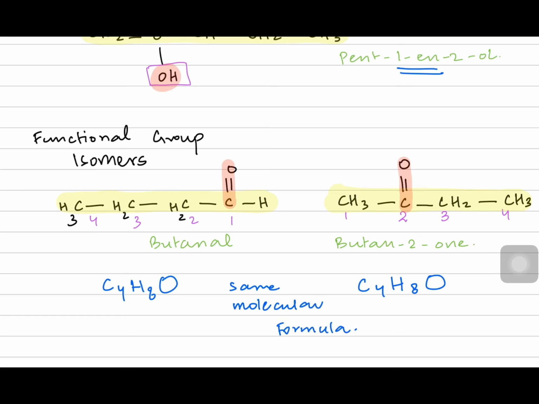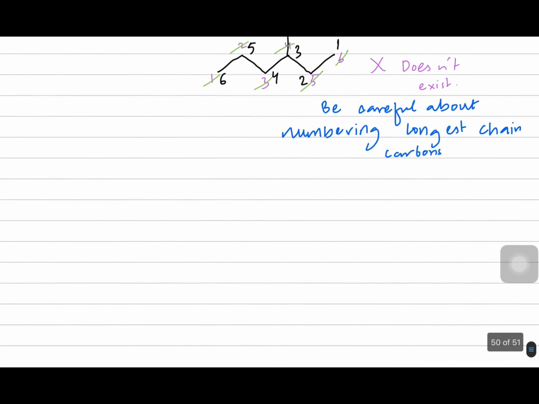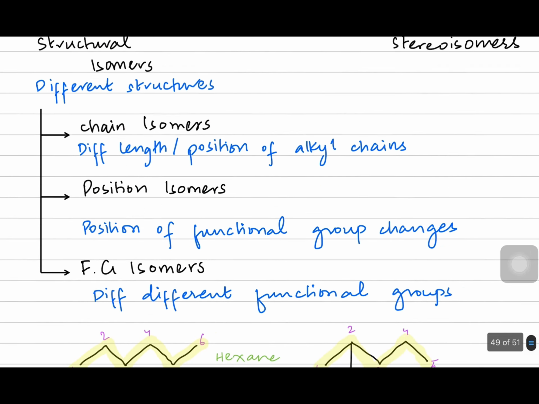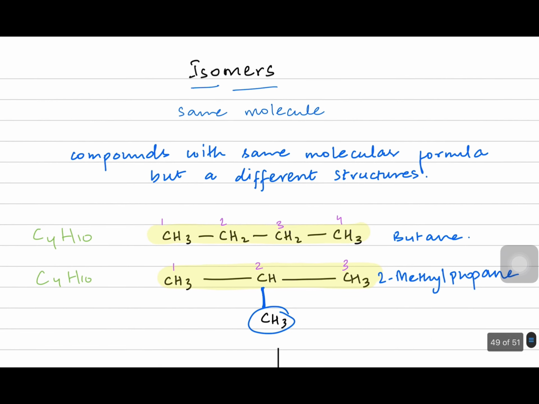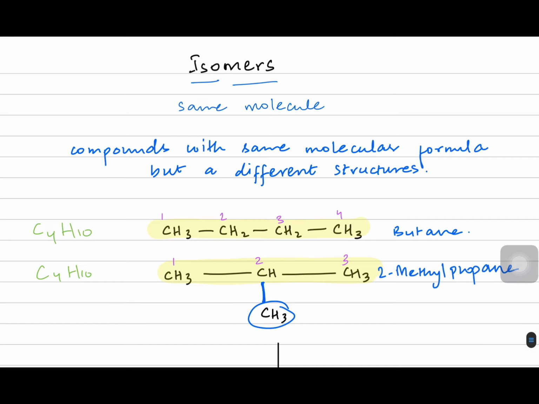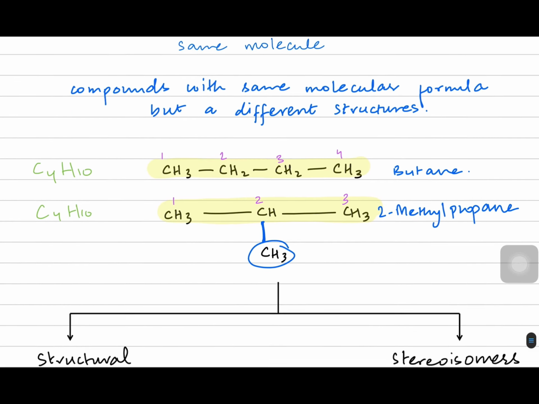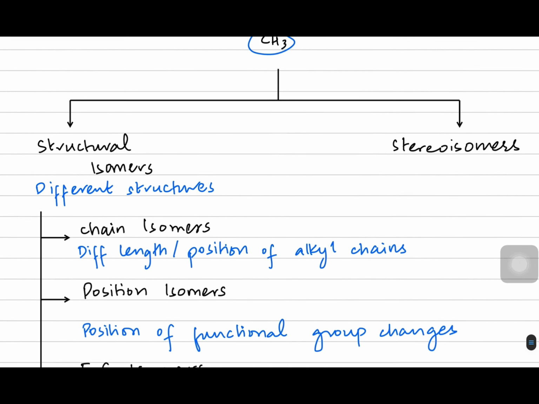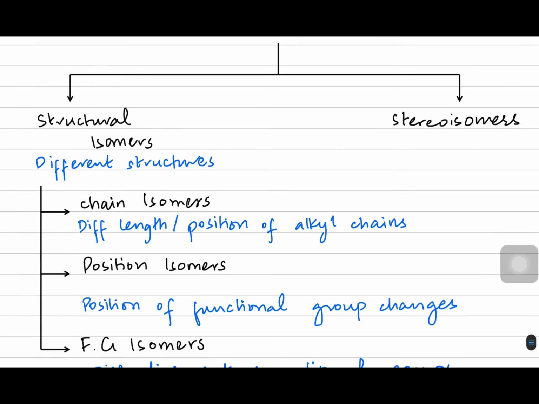So they have the same molecular formula. In functional group isomers, the functional groups are different. In today's video, what we talked about was the introduction of isomers. Isomers are compounds with the same molecular formula but different structures. They could be structural isomers or stereoisomers.